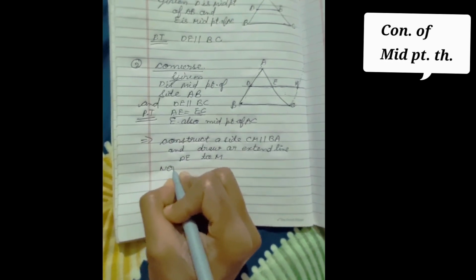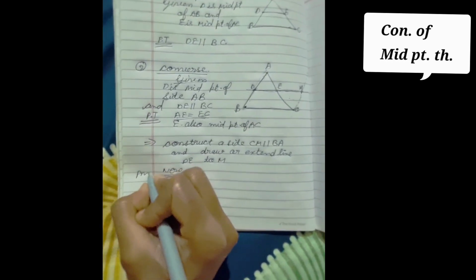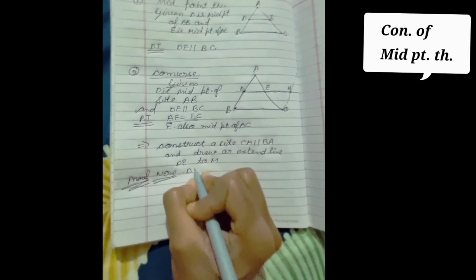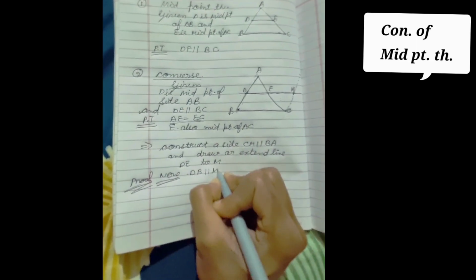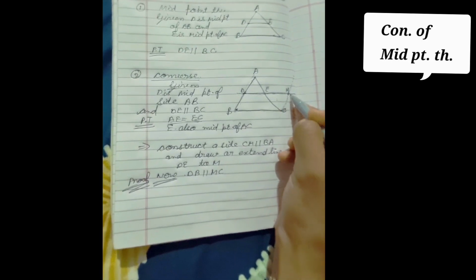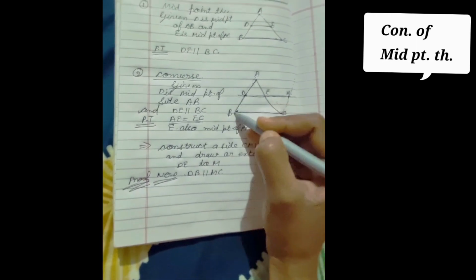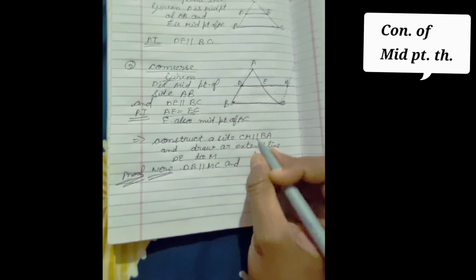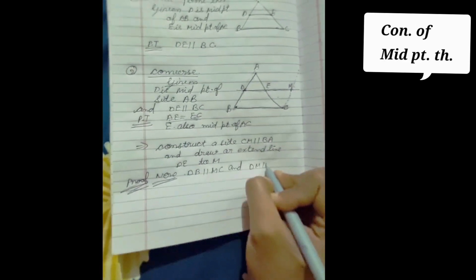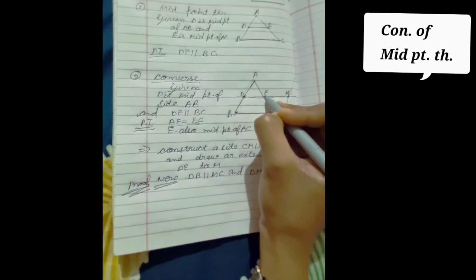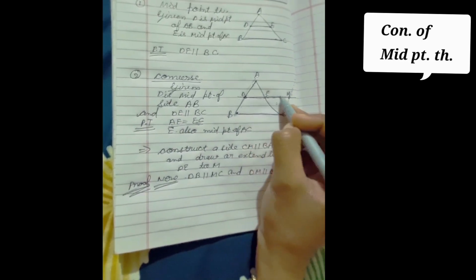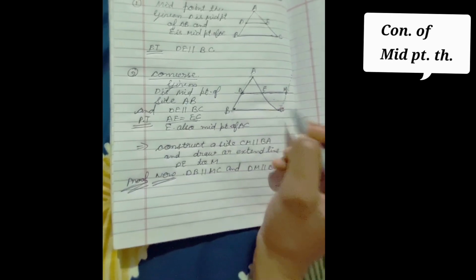Now we can write the proof. DB is parallel to MC, which we have drawn just now. So DB parallel MC, and DM parallel BC, because DE is parallel to BC, given. So when DM is extended further, it is also parallel to BC.